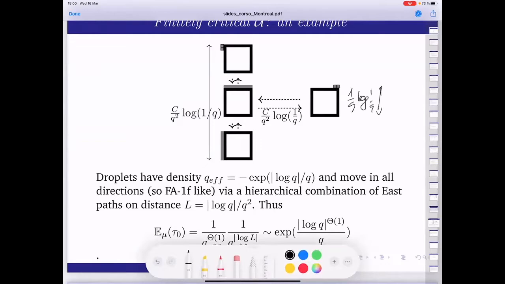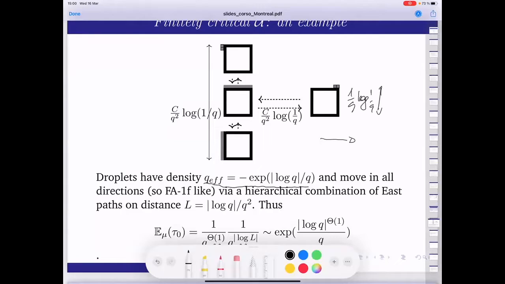So their effective density is exponential minus 1 over q. And these droplets now are free to move to the right, as we know, because the difficulty in that direction is 1. So typically they will find the one single empty site, which enables them to move to the right. That we already know. But the mechanism is the following.